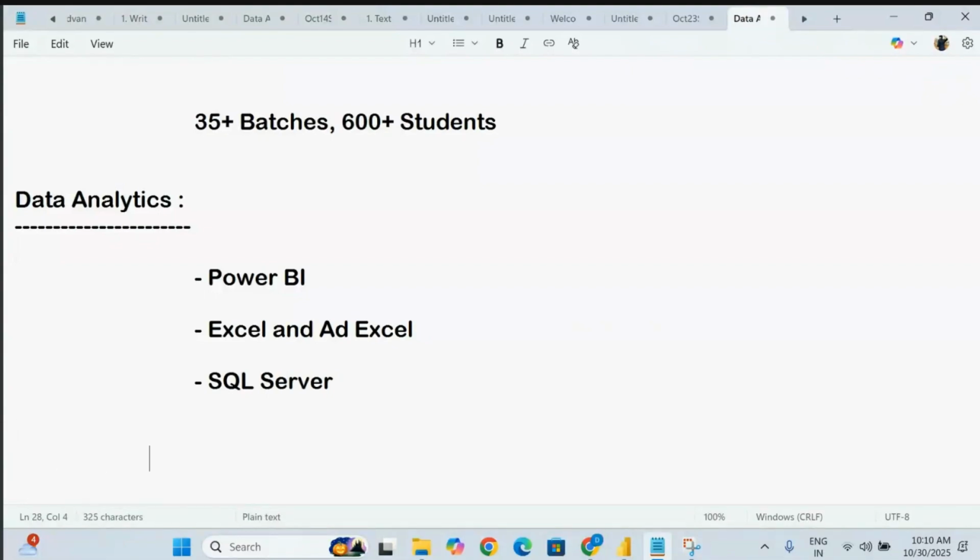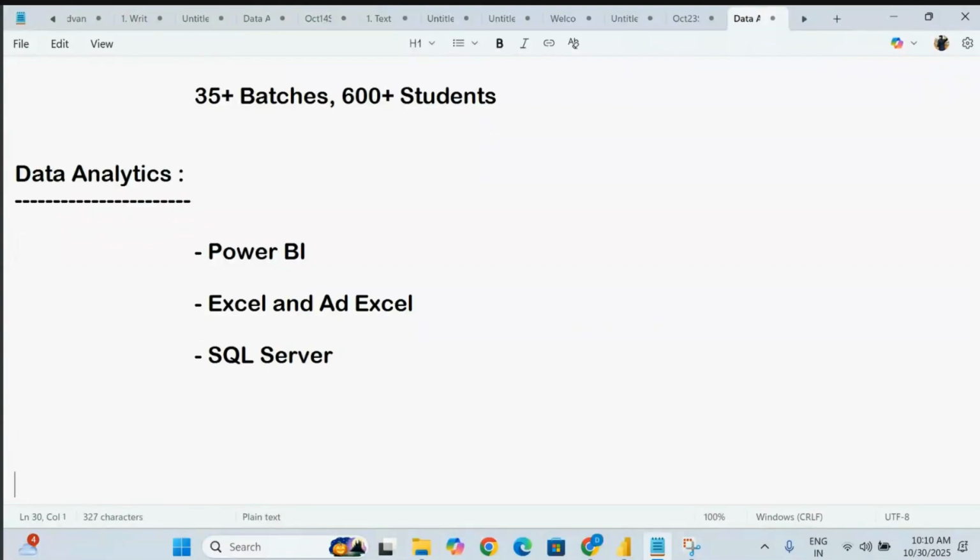And apart from this, there will be some small topics, statistics and mathematics. Then we are going to learn Python as well.